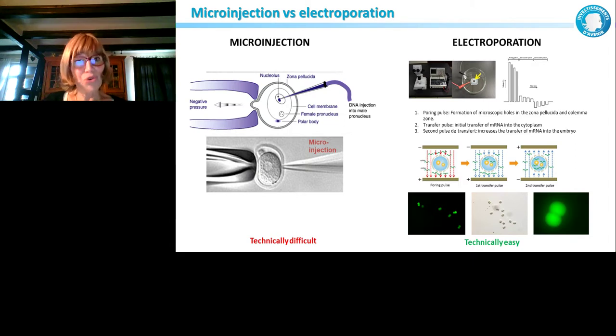Now, I just want to show you the benefits of electroporation that we developed, like a lot of teams, of course, but I think it's nice to share also in this webinar. Electroporation is really nice. And our data first show you microinjection needs some really skilled people because you need to go into the pronuclei.